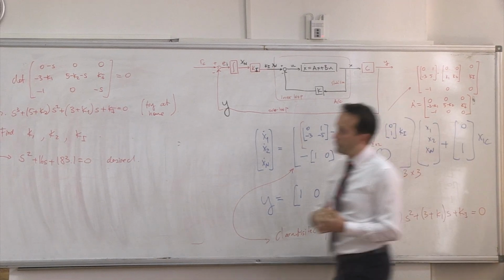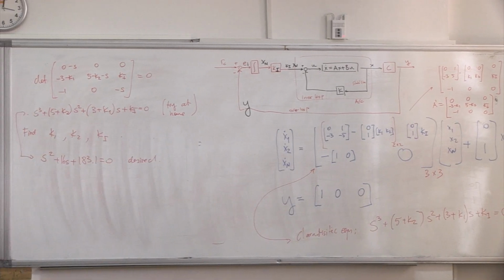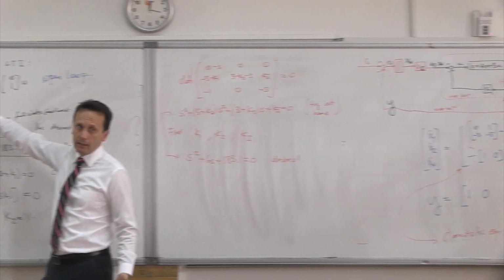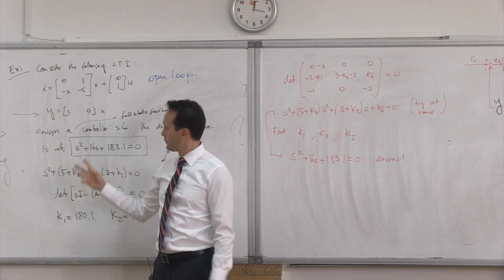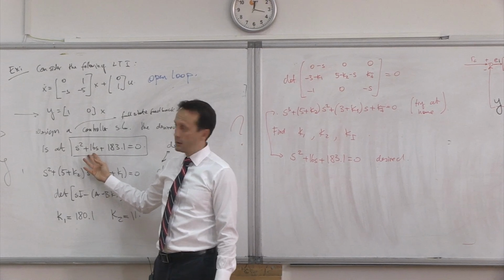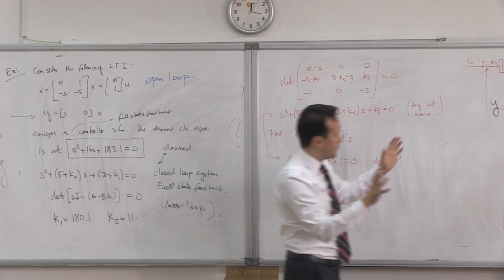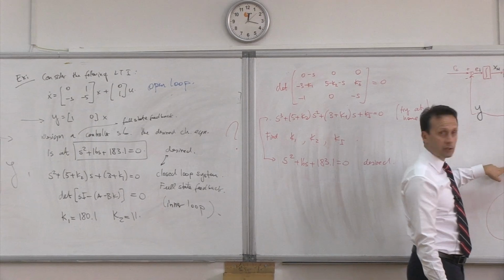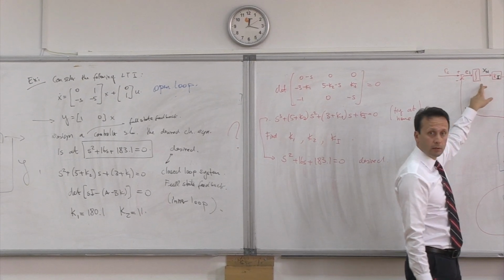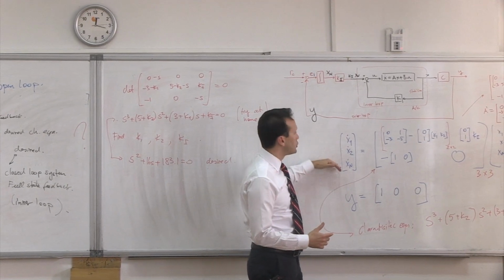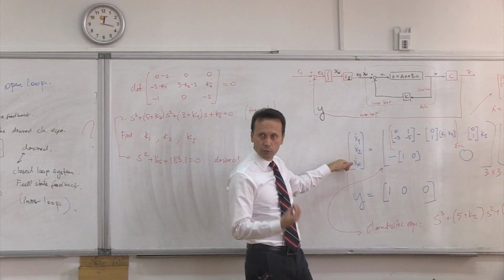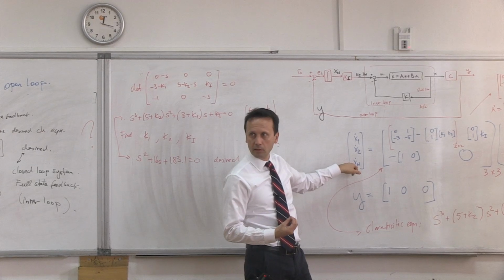So previously we had two states, x1 and x2, and that was the original LTI. And therefore, the desired characteristic equation is, of course, a second order. But now my total system, this architecture, has an extra state that is coming because of the integral. It's a controller state, but it's a state in the system. So you are introducing artificially a new state to the system.